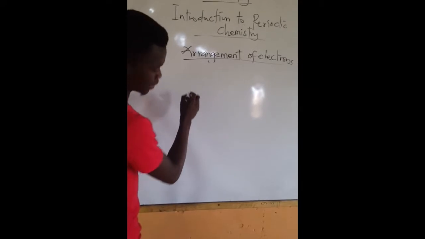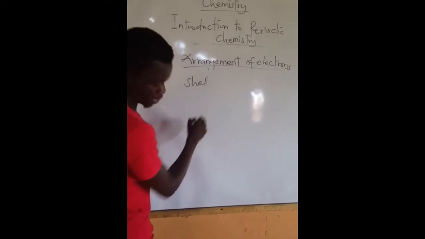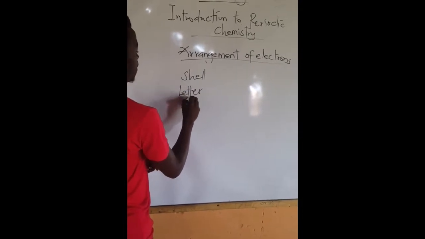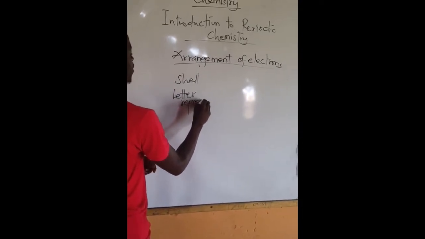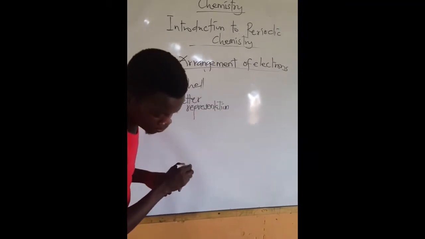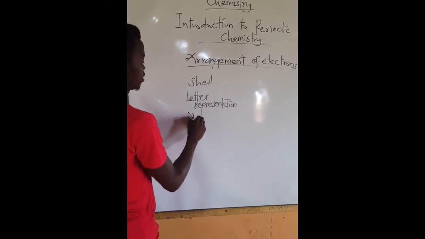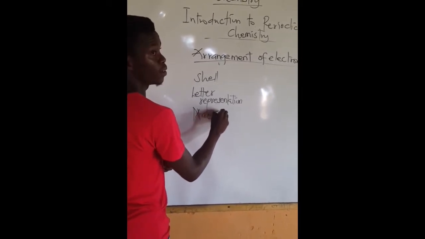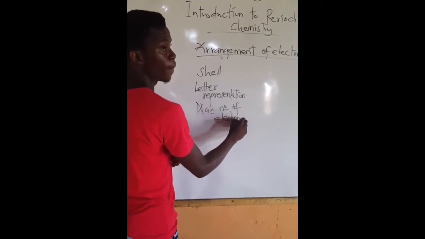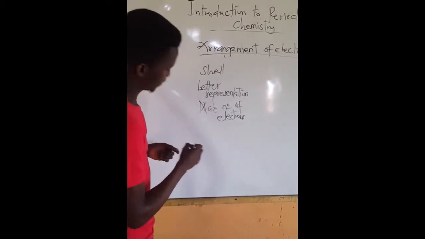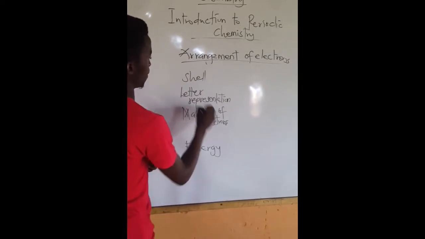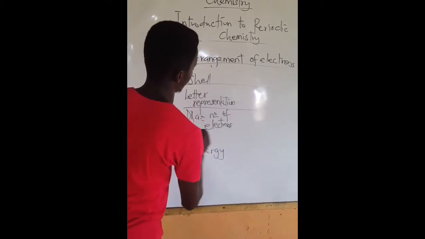So we are going to have a shell, we have a letter representation, then maximum number of electrons, then energy.